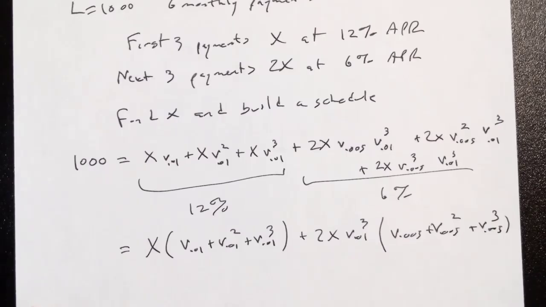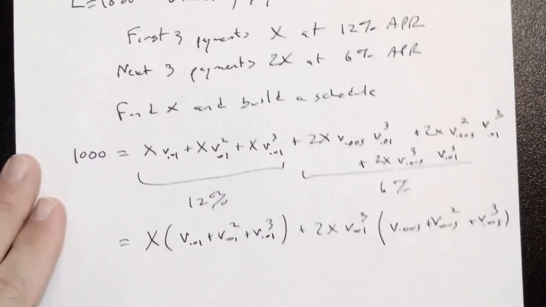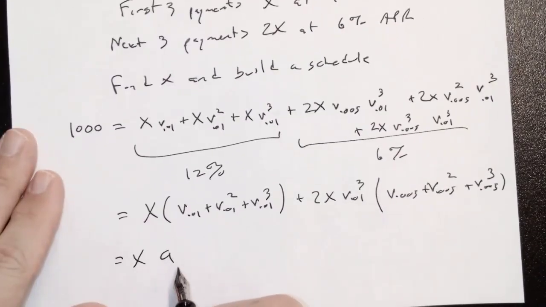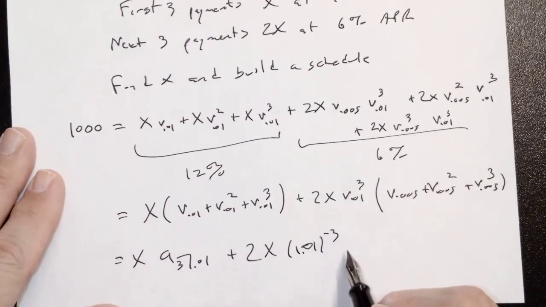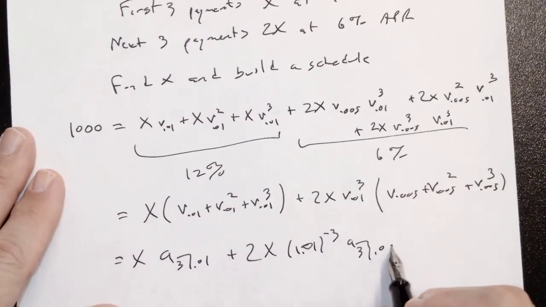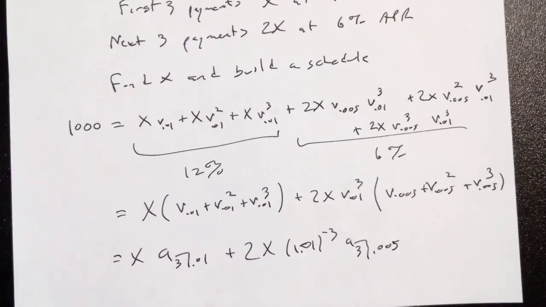So I actually have to use two different interest rates to do this problem. So this is going to be a angle 3 at 0.01. This one's going to be 1.01 to the negative third, but then it's a angle 3 at 0.005, not 0.01. Give me a number. We've got to figure out what X is.